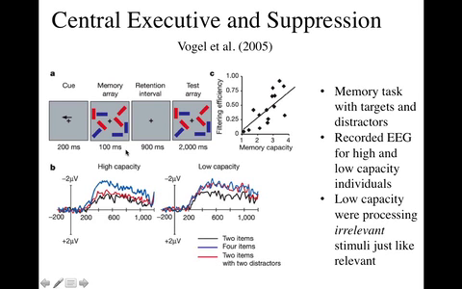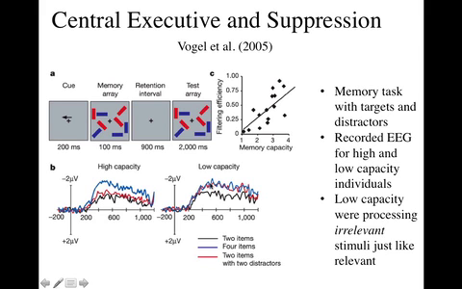They compared people who had previously been shown in short-term memory tests to have a high capacity or a lower capacity. What they found is that for the high capacity individuals, when there were 4 items on the screen, their short-term memory was working hard. When there were 2 items on the screen, but then 2 distractors, their brain didn't work as hard because they were able to filter out those 2 distractors and not recall them in short-term memory.